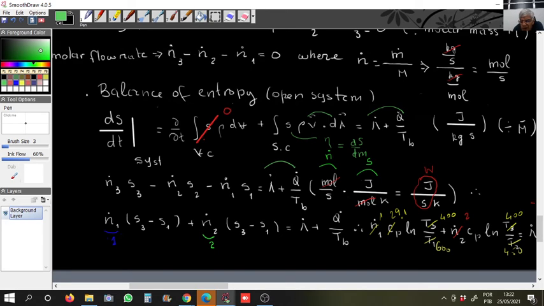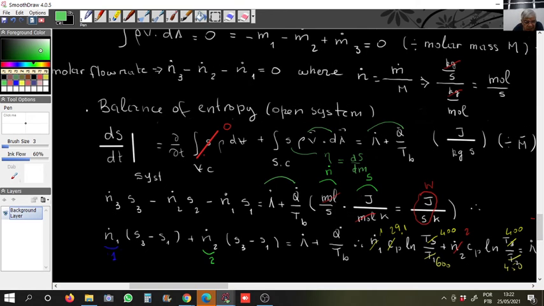Now I divide by m. I already divided by m, and I get this relationship. Now just substitute numbers. S3 minus S1, attention now. In the last exercise, the previous one, P1, P2, and P3 were not the same.